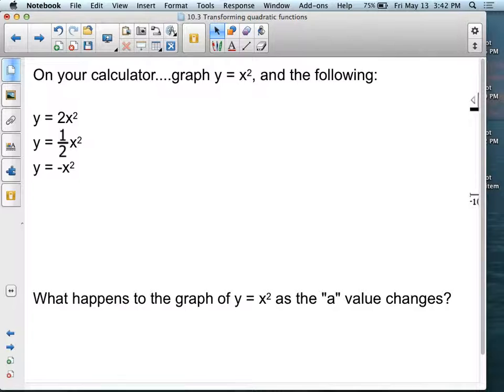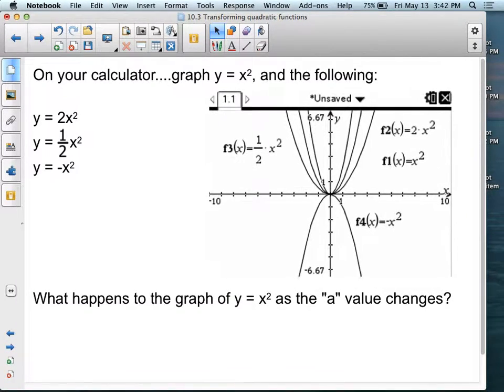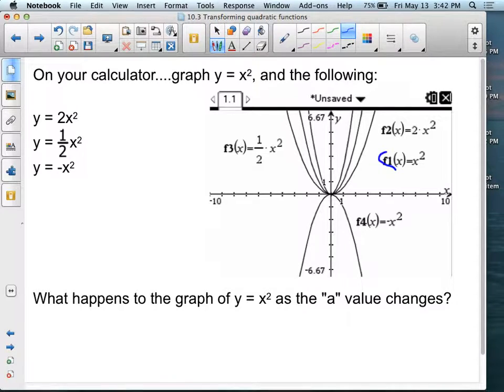Okay, let's see. Did your graphs look like these? Hopefully they did. You might notice that we started with the x squared graph, and your x squared graph was this one right here. When you graphed your next one, y equals 2x squared, did you find that the graph went in here?